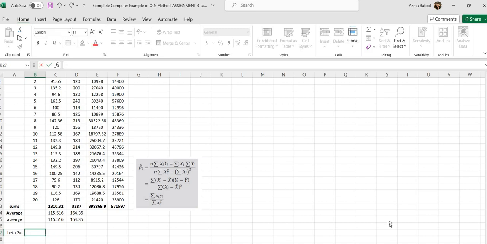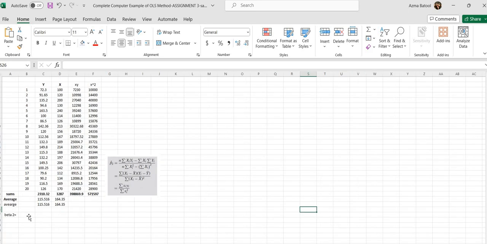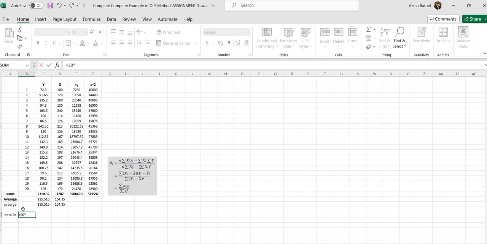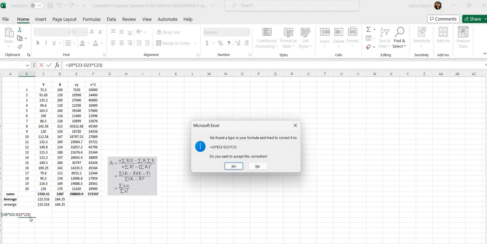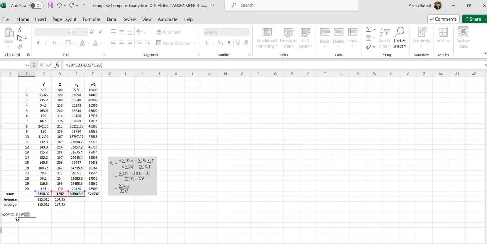Let me make it small so that I can see the series. Yeah, that's better. Equal sign, n is 20, then star, summation xy is right here, put it here, minus summation x is right here, star, summation y is right here, and I will enclose all these calculations in a bracket.